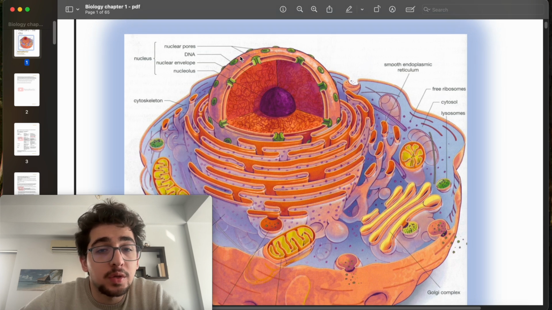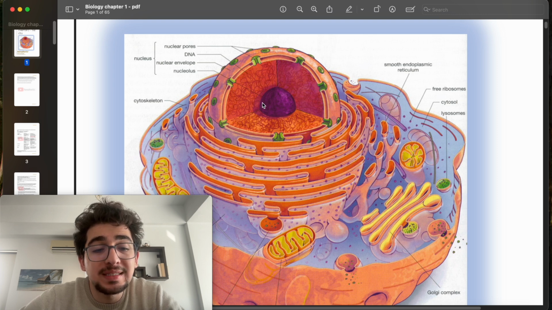Do not confuse the nucleus with the nucleolus. They sound similar, but they are not the same. The nucleus is this spherical structure that you can see here, which contains the nucleoplasm, the nucleolus, and the genetic material, which is represented by the chromatin network.